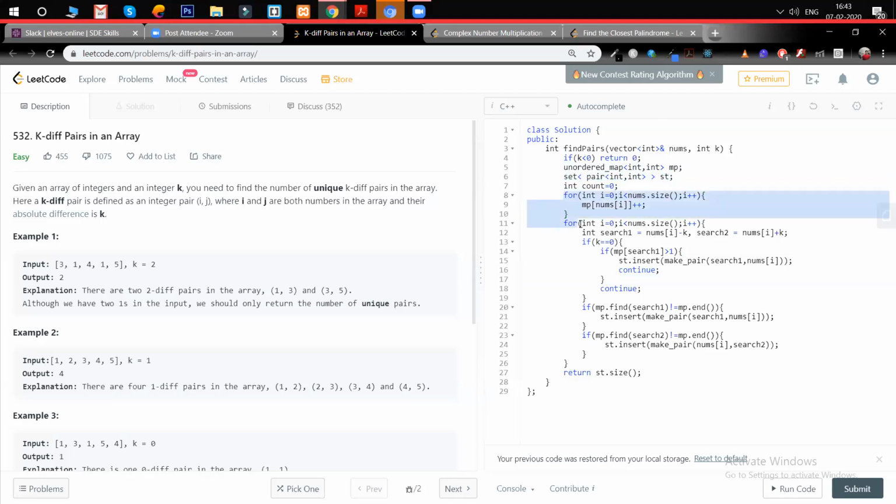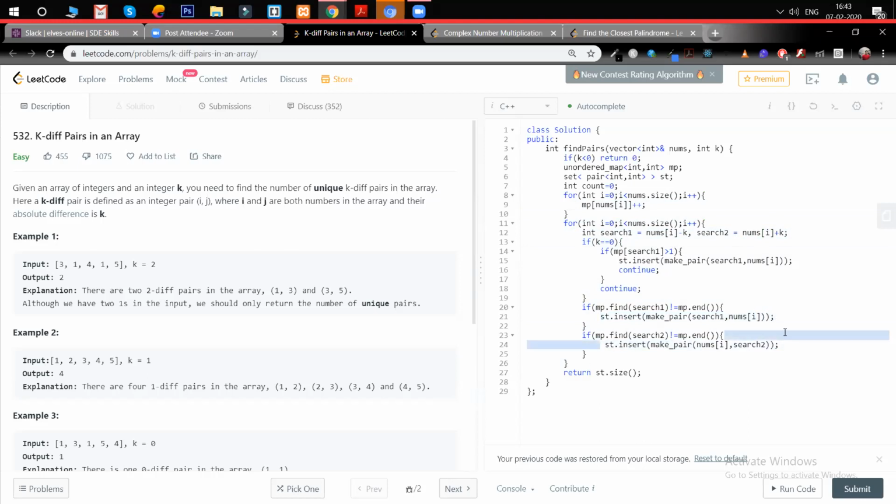In the first for loop, I just added the integer arrays, and then in the second loop, I looked for nums minus k and nums plus k. If I got that value, then I inserted it into the set.